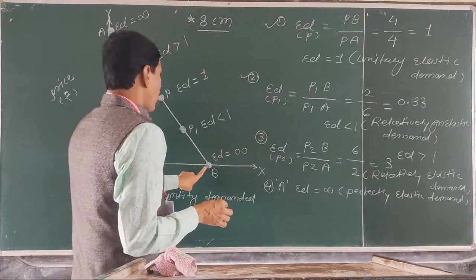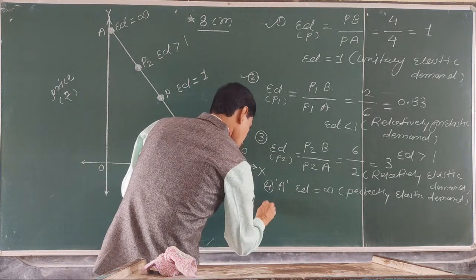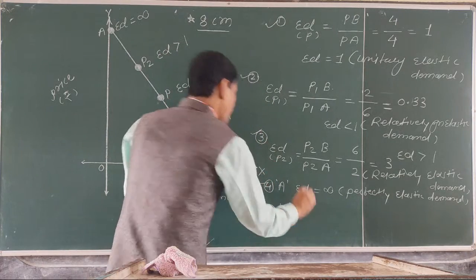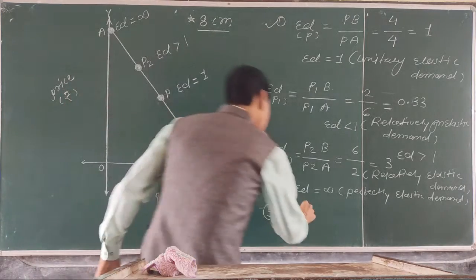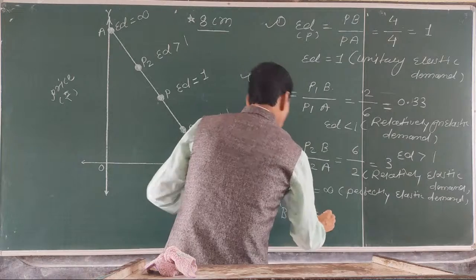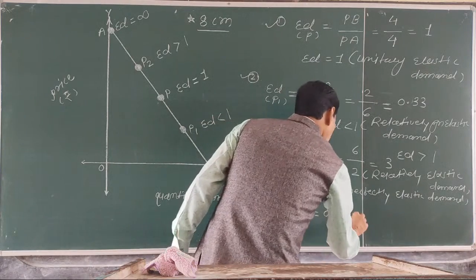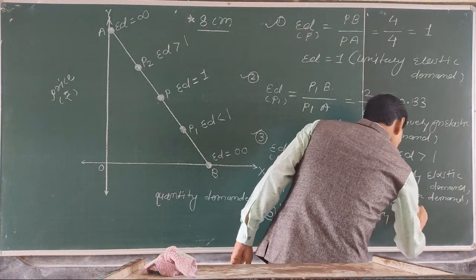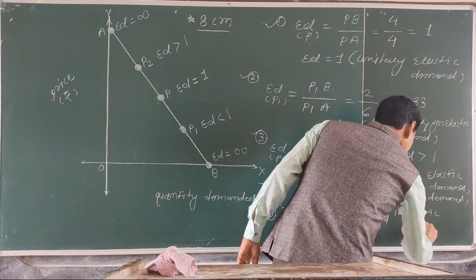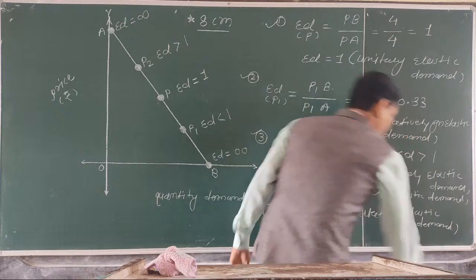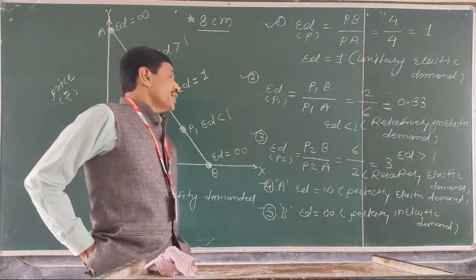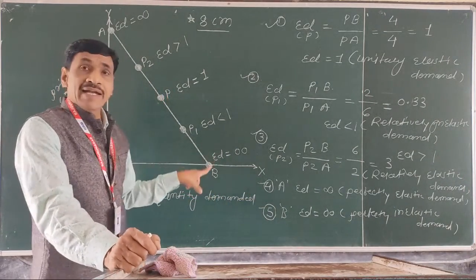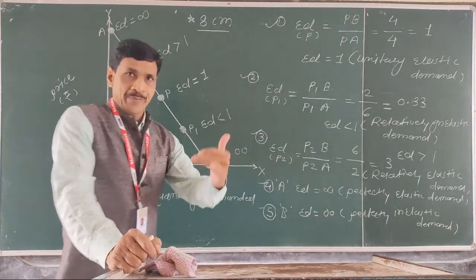And the last point, B. At point B, ED is equal to 0. It is called perfectly inelastic demand. Why?